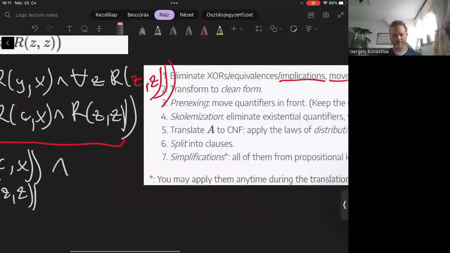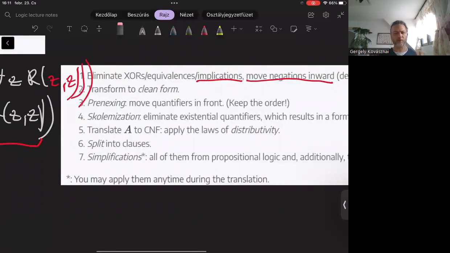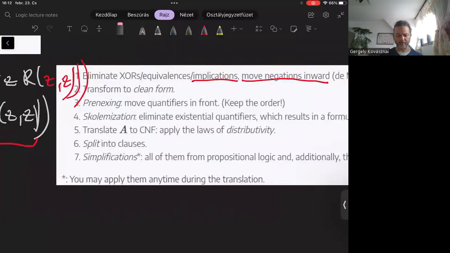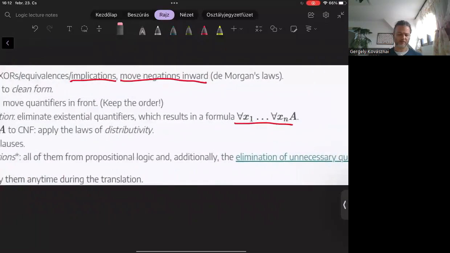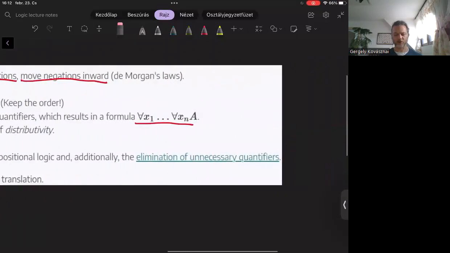There is an optional step, simplifications. Whenever we can, we should apply simplifications anytime, as it is written at the very bottom. Simplifications also cover the elimination of unnecessary quantifiers.